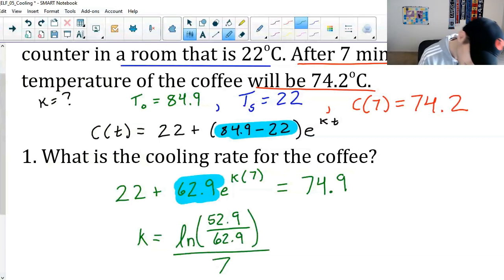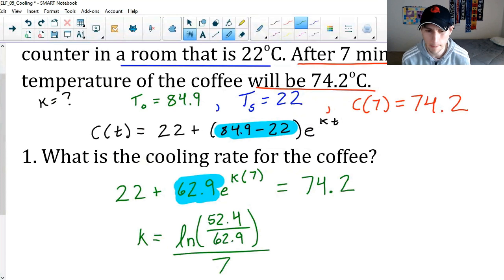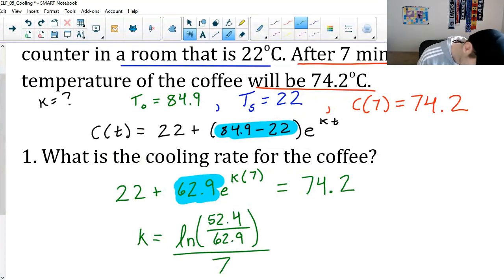74.2. Oh. Okay, so 52.2. Okay, I think that's 74.2. No, not 0.4. What am I doing?